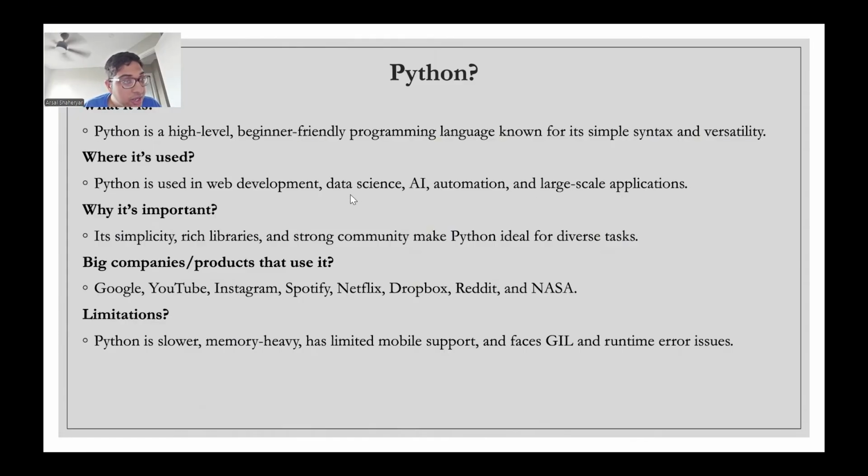Why is it important? Its simplicity, rich libraries, and strong community make Python ideal for diverse tasks. Big companies and products that use it: Google, YouTube, Instagram, Spotify, Netflix, Dropbox, Reddit, and NASA are all big companies that use Python.